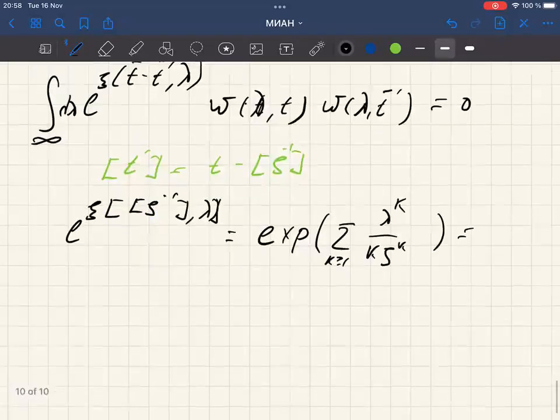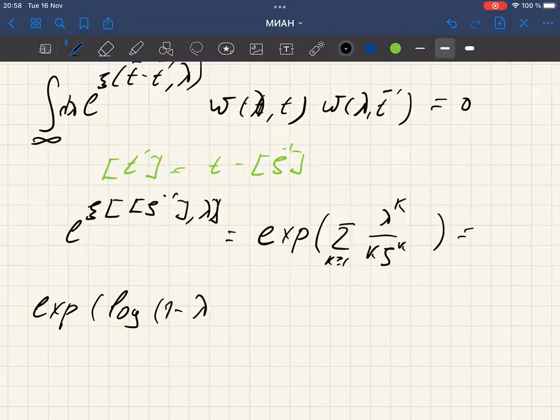which is equal to x at logarithm of 1 minus lambda zeta.